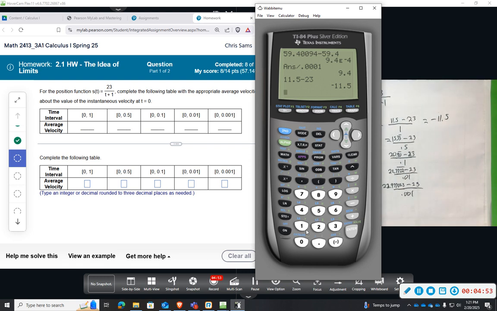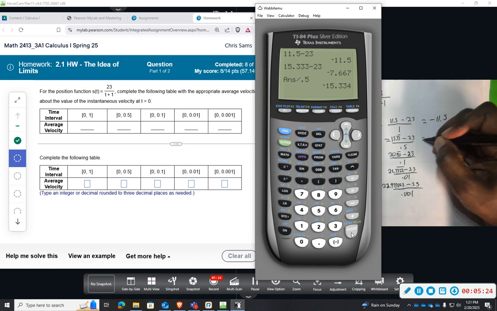And then if we do 15.333, since it says round to 3 decimal places, that'll be fine, and then we subtract 23, we take this value and we divide by 0.5. And that gives us negative 15.334.